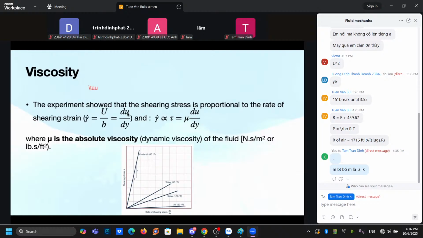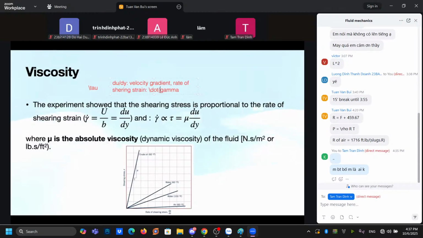Du over dy is the velocity gradient, and the rate of shearing strain is gamma dot.